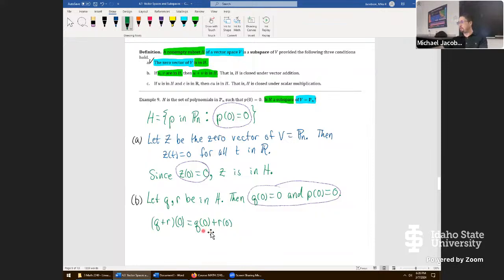But once we're here, well, we know what Q of 0 is. It's 0. We wrote down what it meant for R to be in H. R of 0 is also 0. And sorry about that. That was Q and R. I think I was still thinking about polynomial P at that moment. So that's 0 plus 0, which is equal to 0. And we've connected this end to this end.